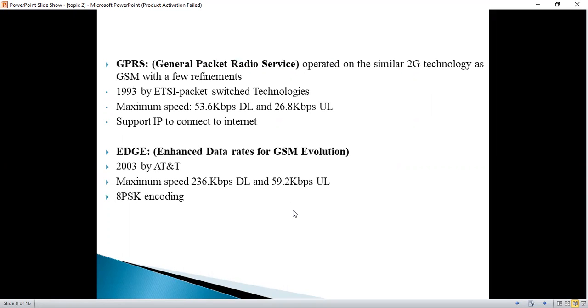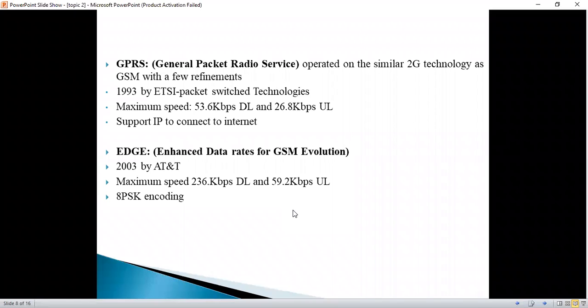Next, we have GPRS. GPRS supports IP. IP is Internet Protocol. If you have learned about TCP/IP and all these protocols, then you have also heard about the internet protocol. It sticks to the IP addresses, right?